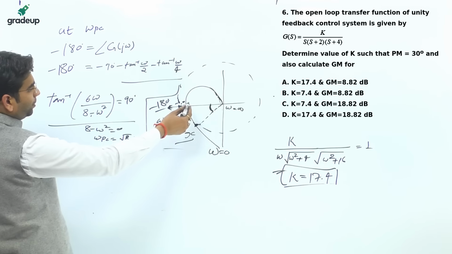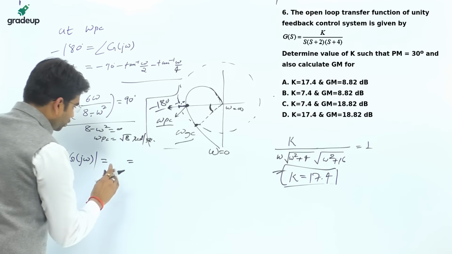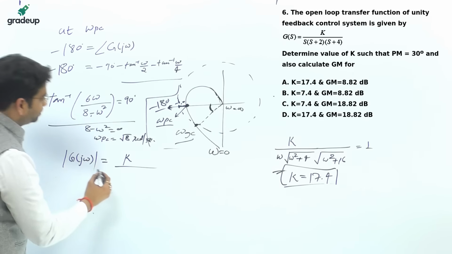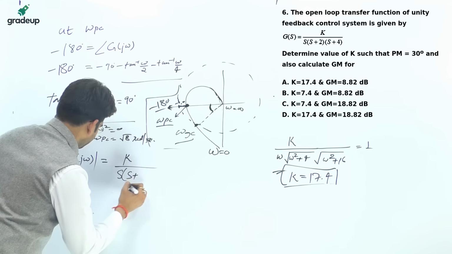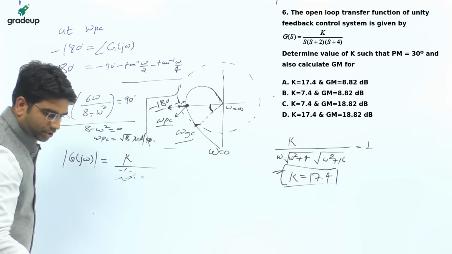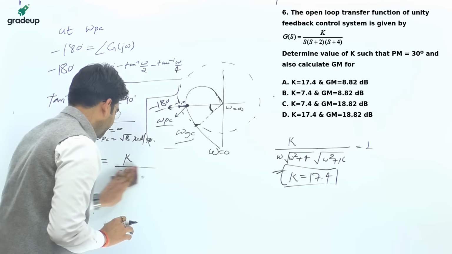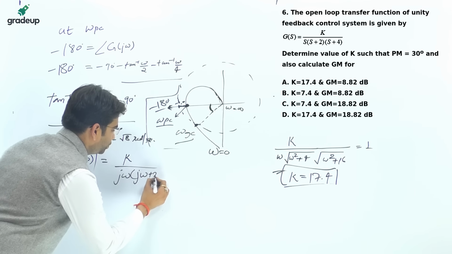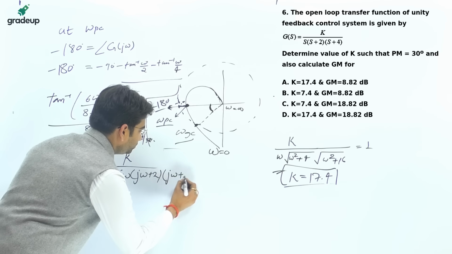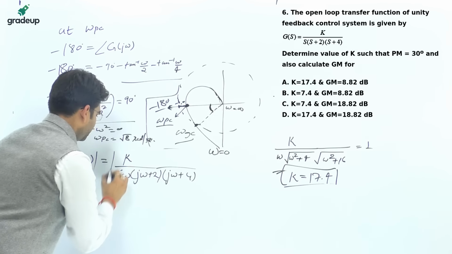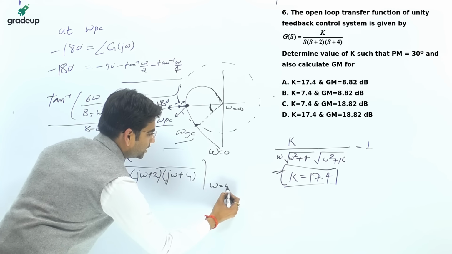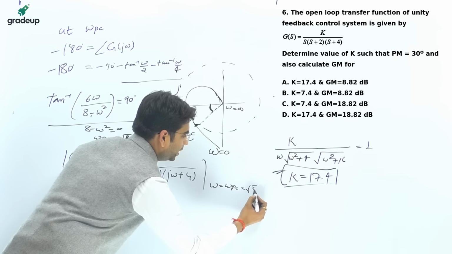For omega pc, it will be k upon s, it will be j omega, j omega plus 2, j omega plus 4. Take the mod and put omega equal to omega pc equal to root 8.